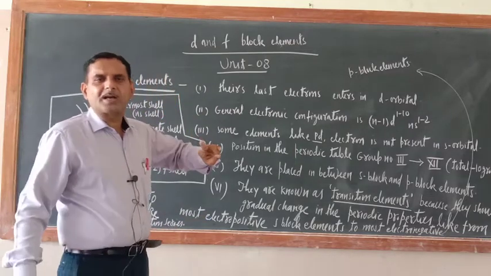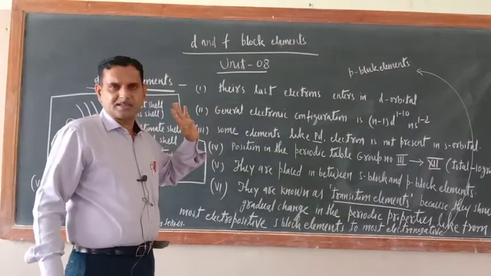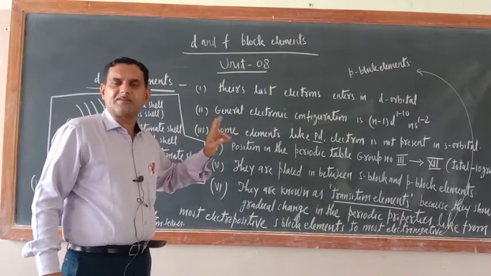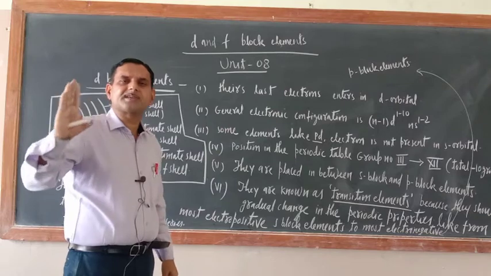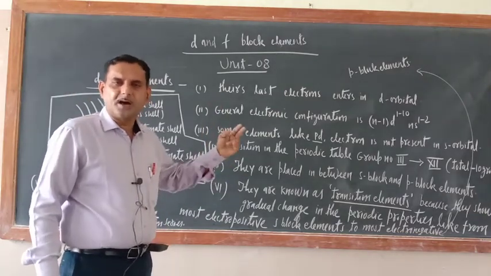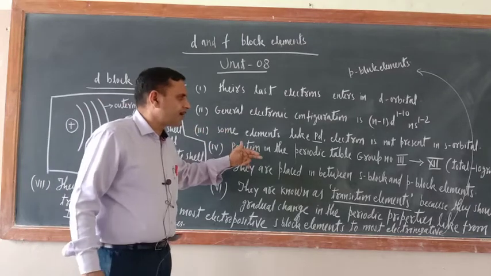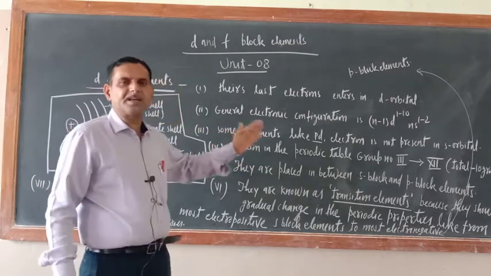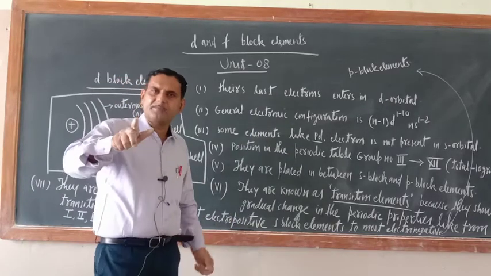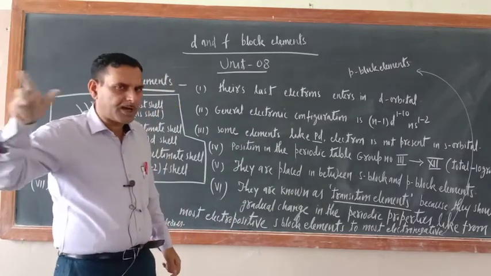S block elements you studied in 11th class. Group number 13 and 14 you studied in 11th class. 15, 16, 17, 18 we have just finished in P block elements. So their position in the periodic table is in between S block and P block elements. They are sandwiched between S block and P block elements.